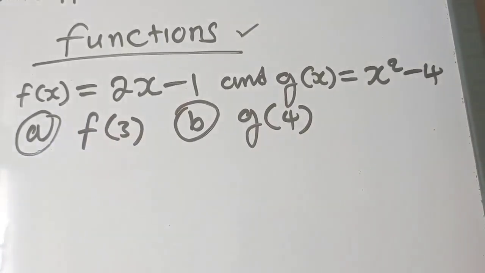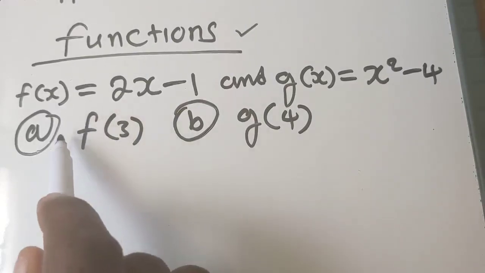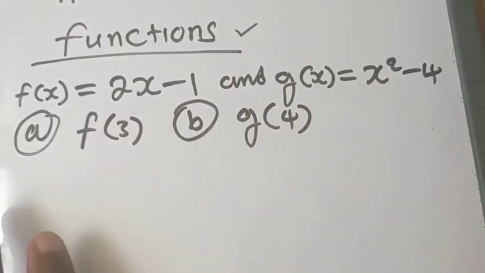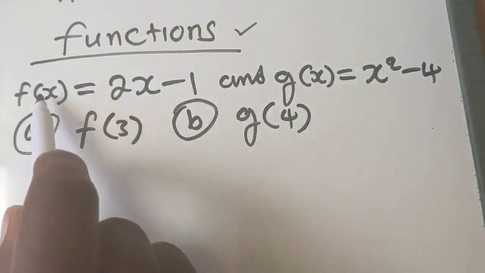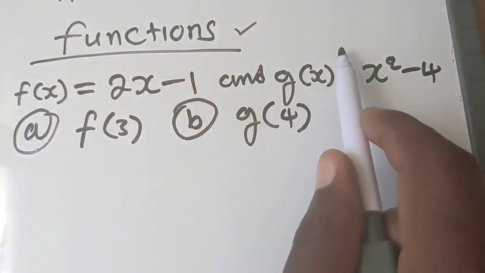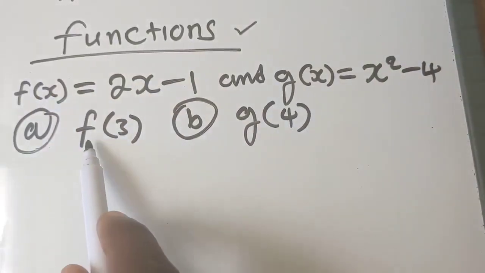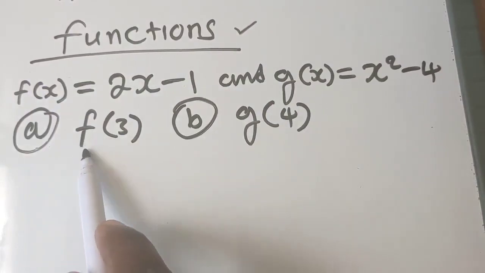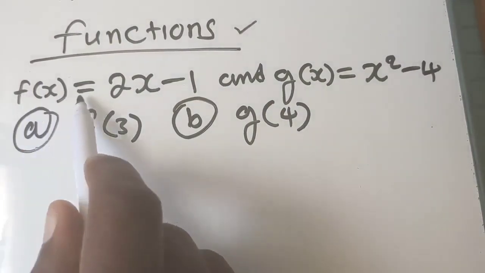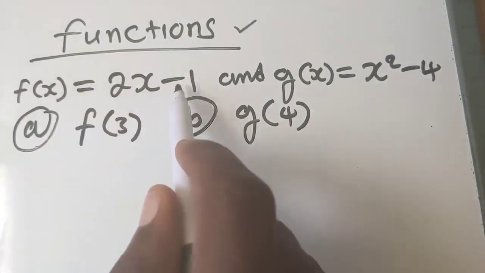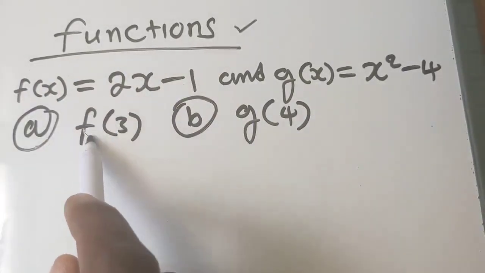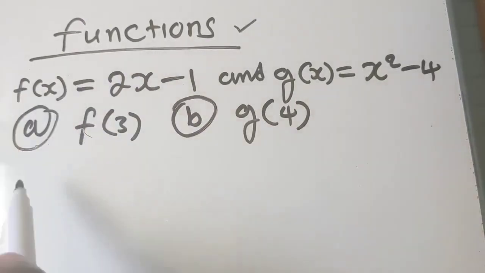So now you check: is this similar to this one or to that one? This one is f, which means it is similar to that function here. So we are going to use this function to solve this one.